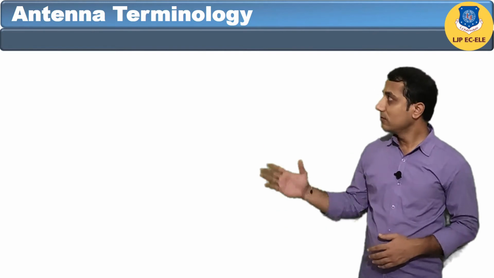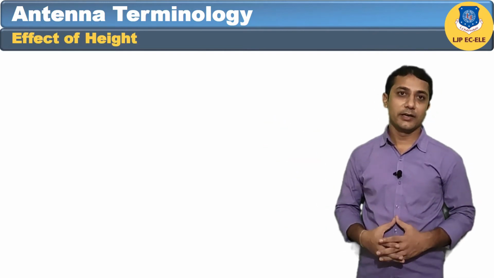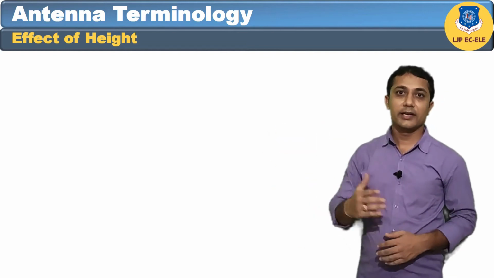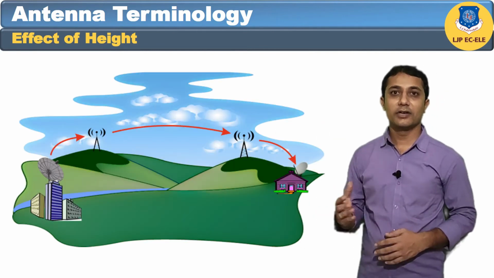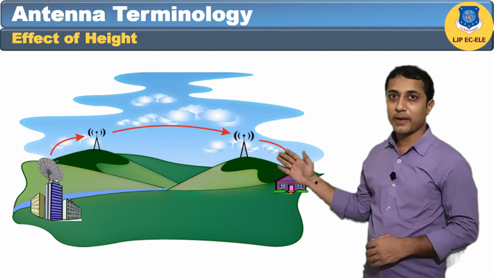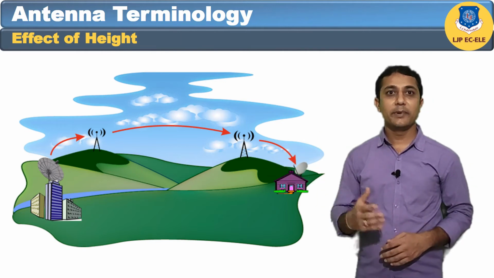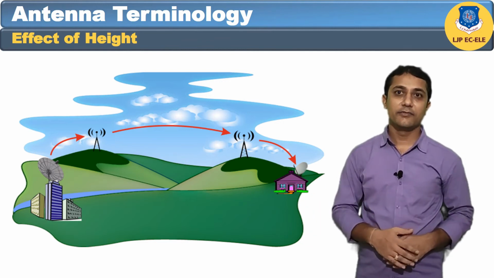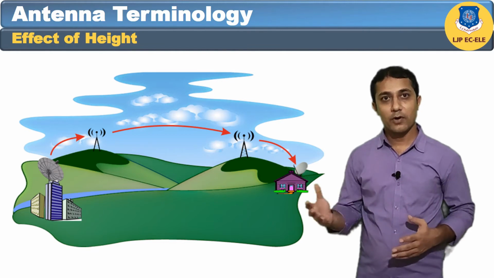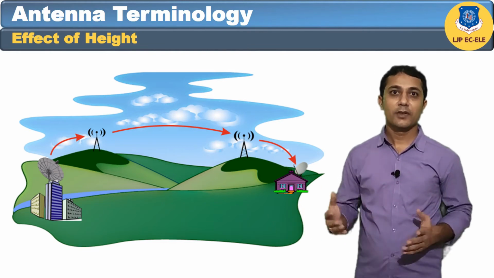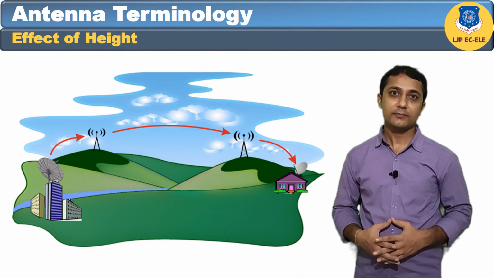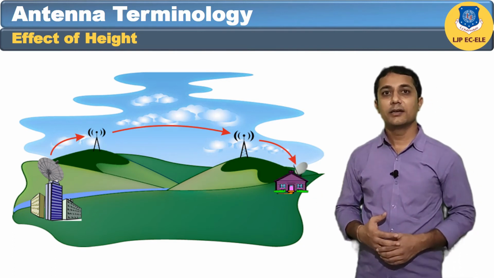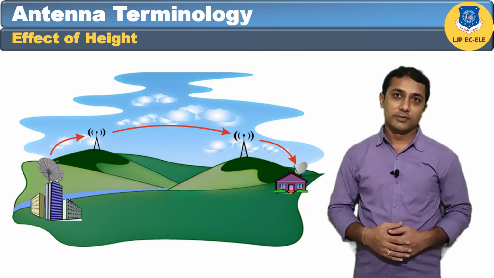Now, the effect of antenna height. This is the most important terminology, as the height of an antenna has a major impact on its performance. Aspects include the feed impedance, radiation diagram, radiation losses, distance from interference, and reduction in possibility of exposure to RF radiation, etc. In general, the higher the antenna, the better its performance.